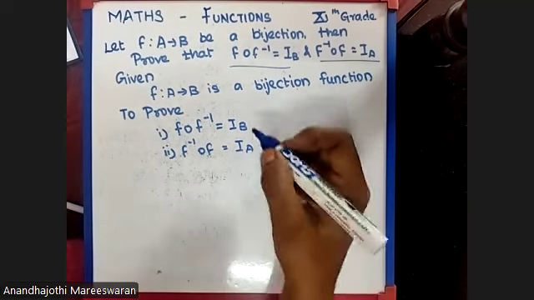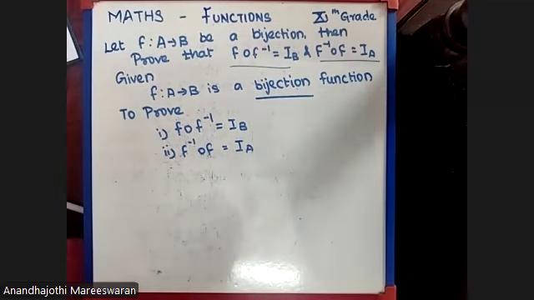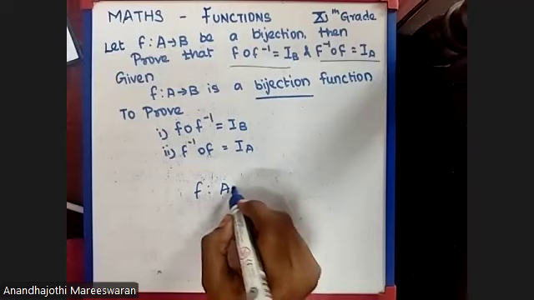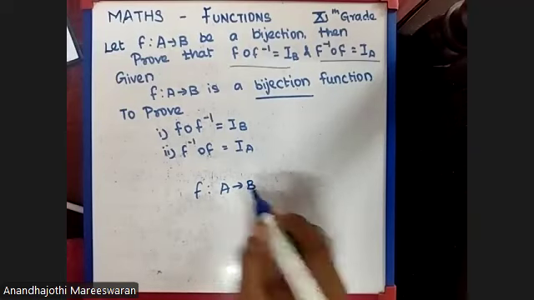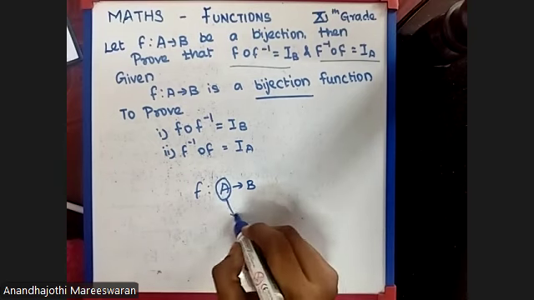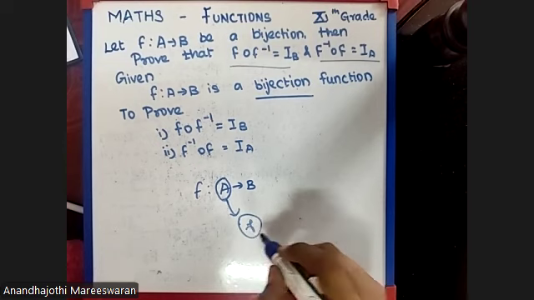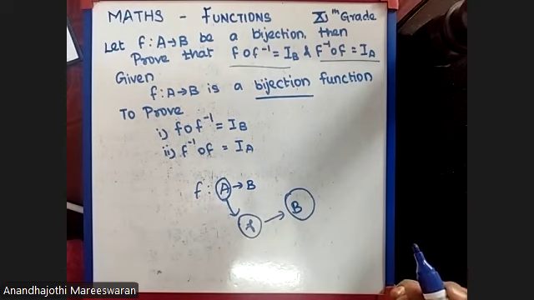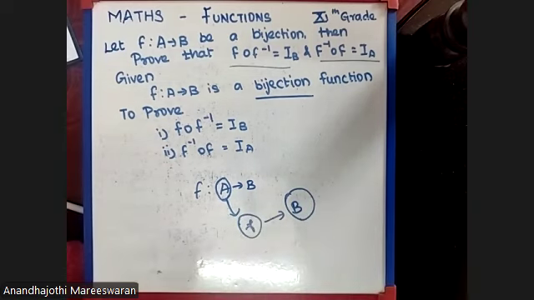So, here they gave a different word called bijection. What do we mean by a bijection? Normally, a function f maps A to B means if you put A as input, the output will be from set B. It is a one-way method.